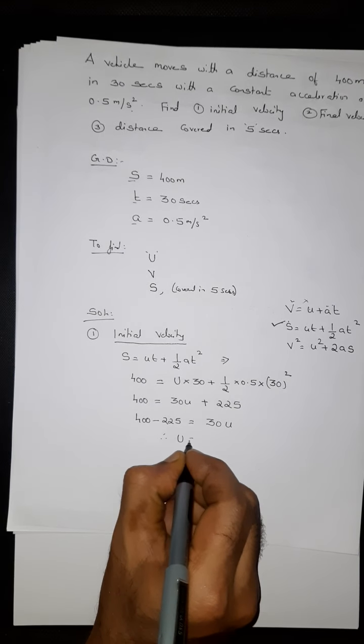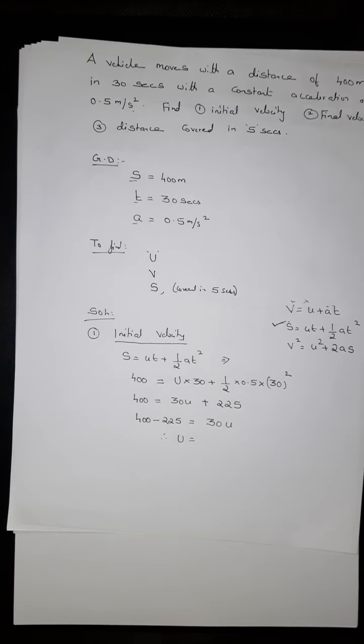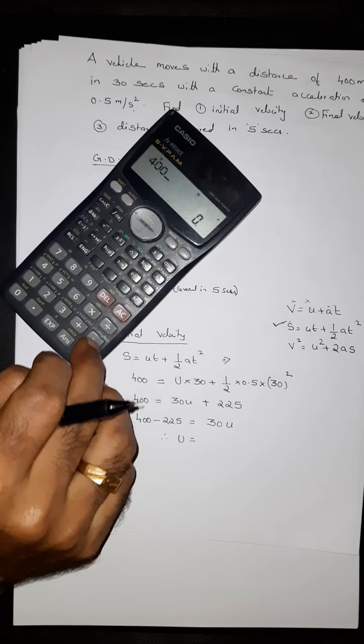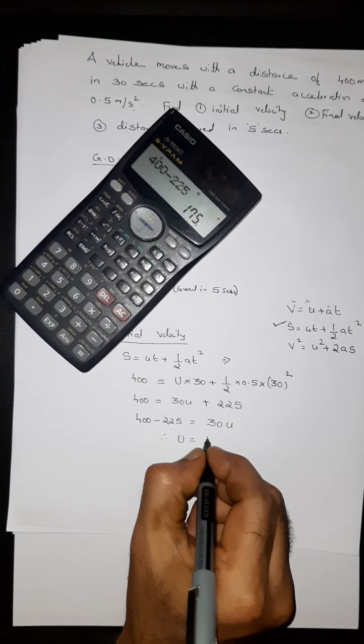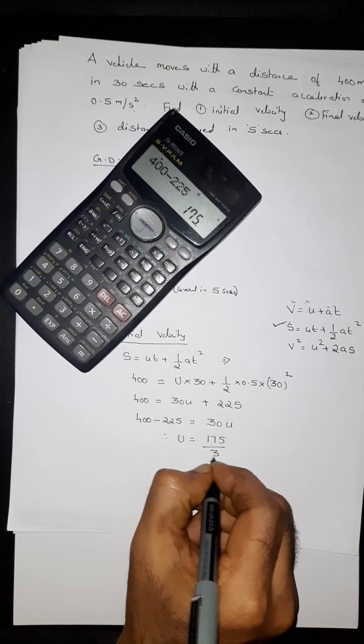Therefore, U equals 400 minus 225, which is 175, divided by 30.